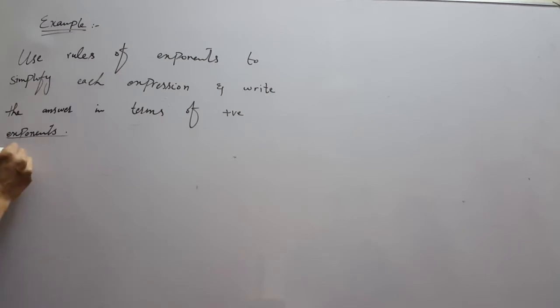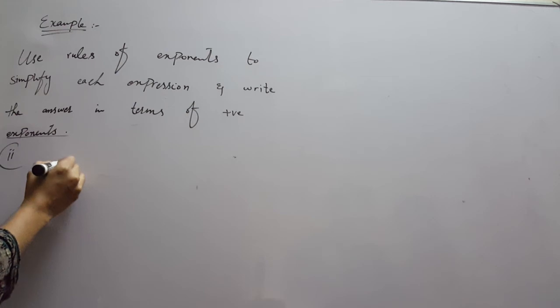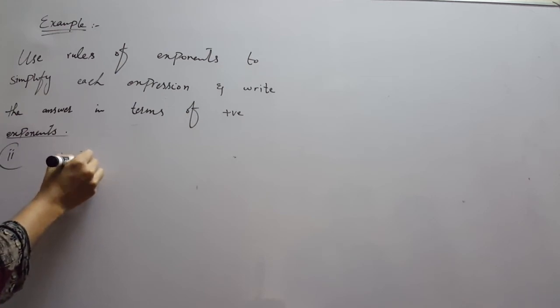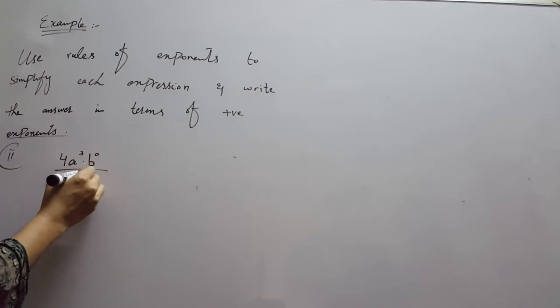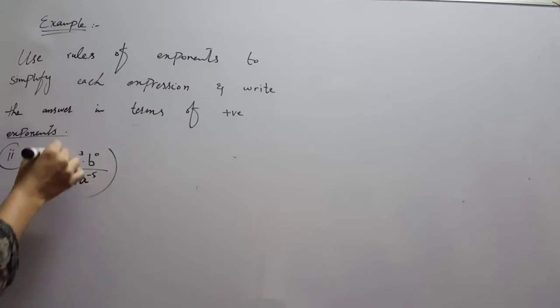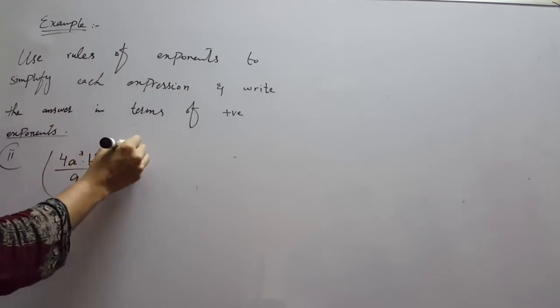The second example is 4a cube b naught divided by 9a raised to power minus 5, whole power minus 2.